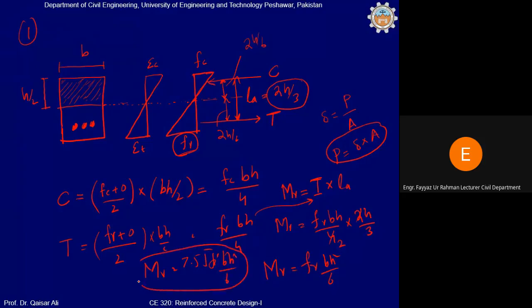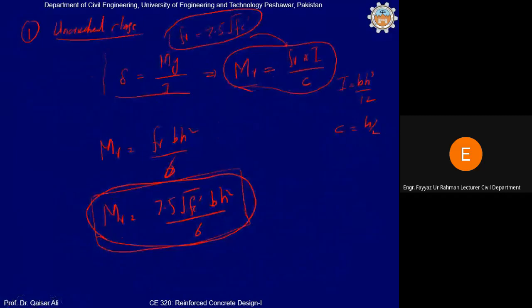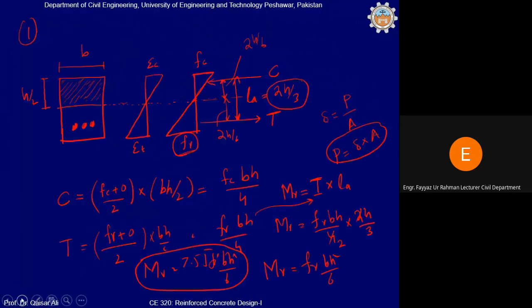Now look at this equation: it is exactly the same which we derived on this slide. But now in this case we have derived the same equation for the resisting moment capacity by applying the equilibrium equation.